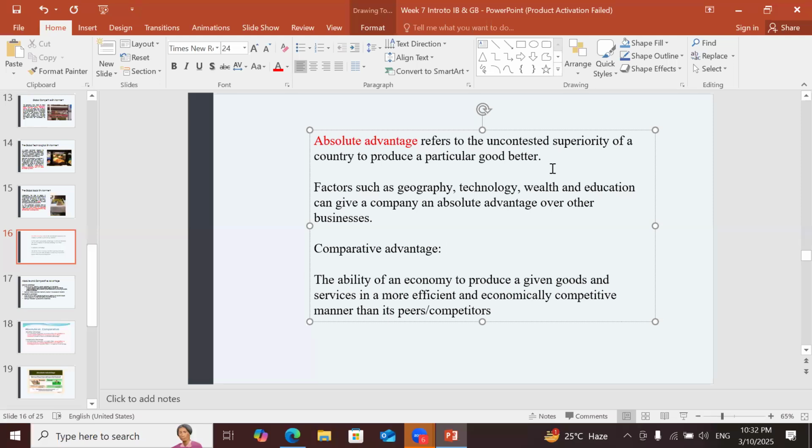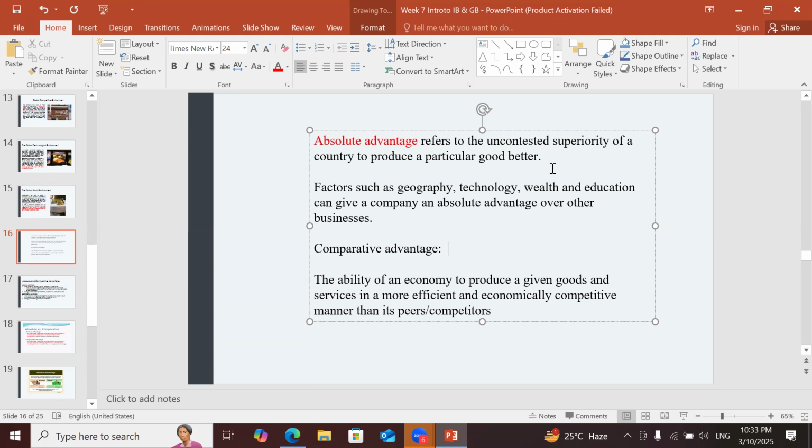Say, for example, in Bangladesh, ready-made garments are very popular and very cheap. Other countries cannot produce them so cheaply. So it is one kind of absolute advantage.